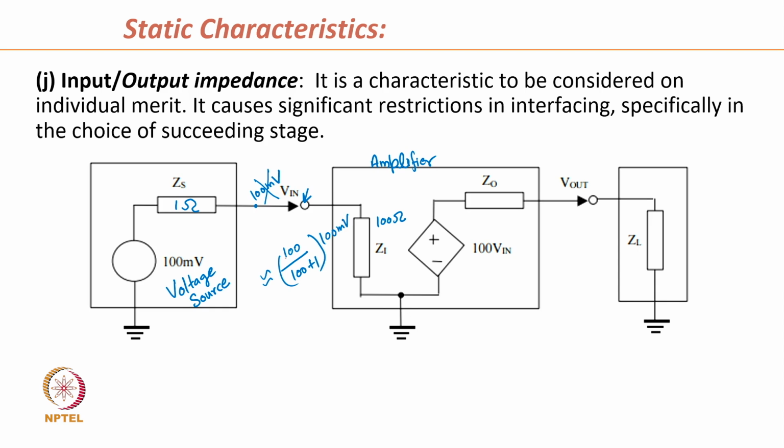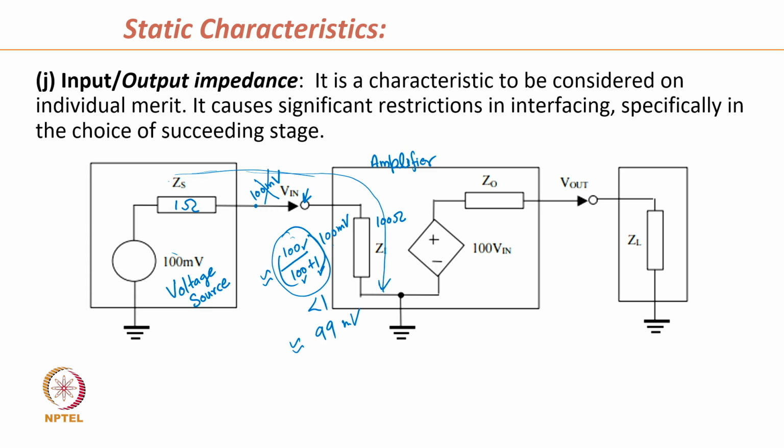This is Zin divided by Zin plus Zs, into 100. So this 100 millivolt will be divided using a resistor divider across this path, and this voltage is now lesser than 100 millivolt because this quantity is lesser than 1. So it will be typically some 99 millivolt or so.